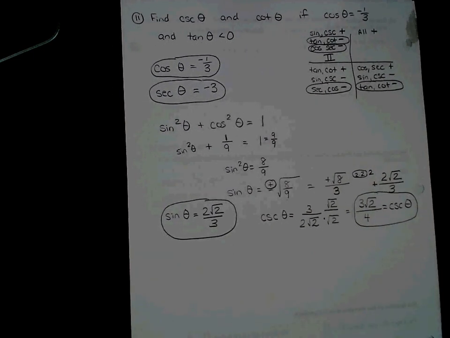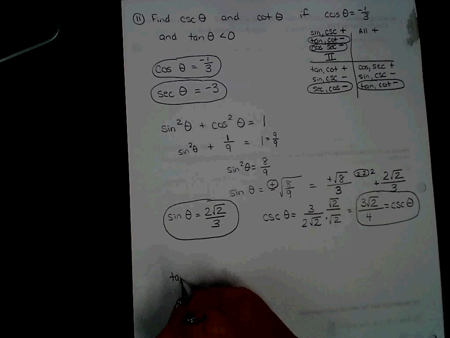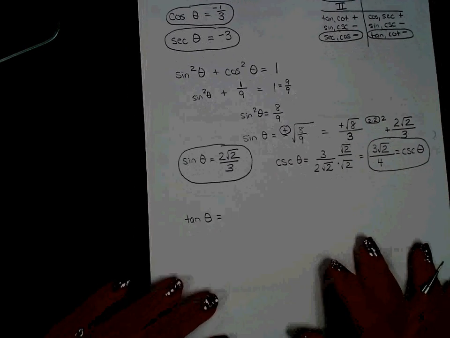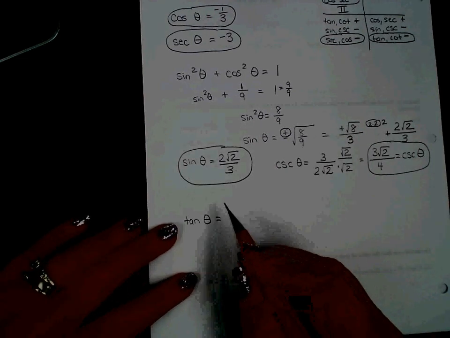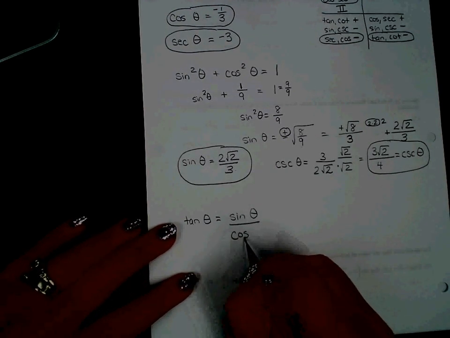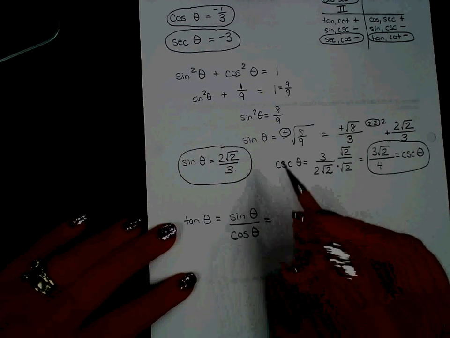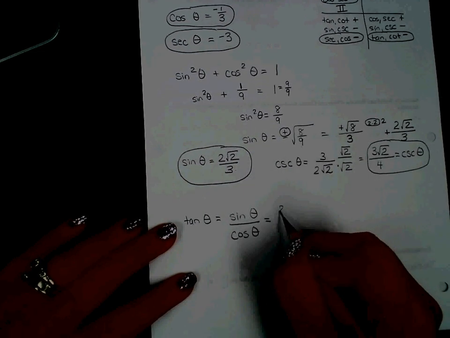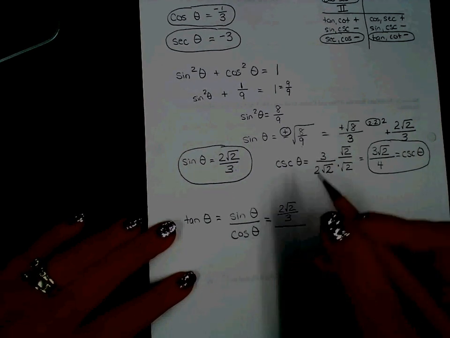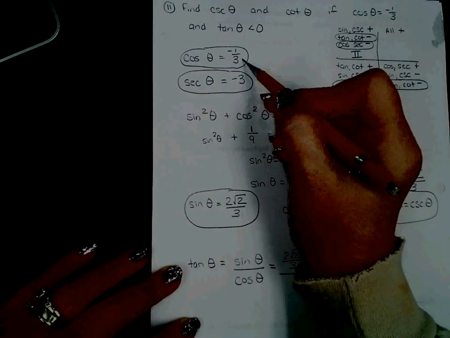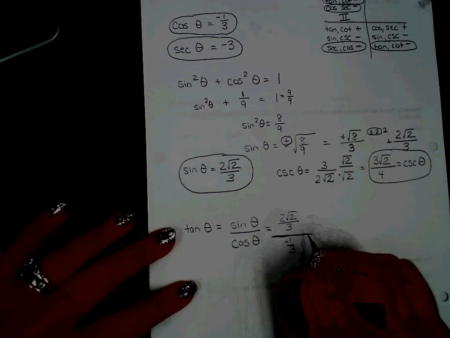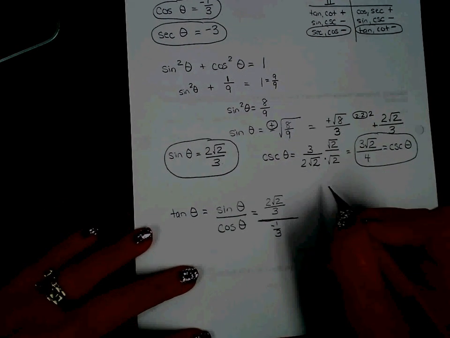Now at this point in time, we can use a quotient identity or a Pythagorean identity. I'm going to use the quotient. Tangent of theta is sine of theta over cosine of theta. So I know the sine. I know the cosine. and I do same, change, flip.